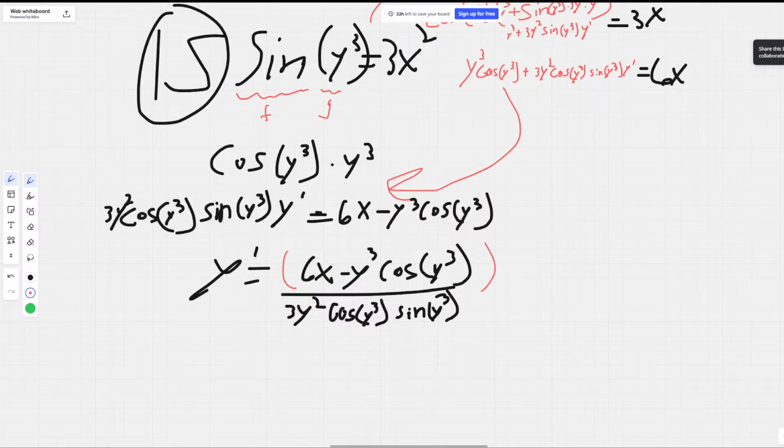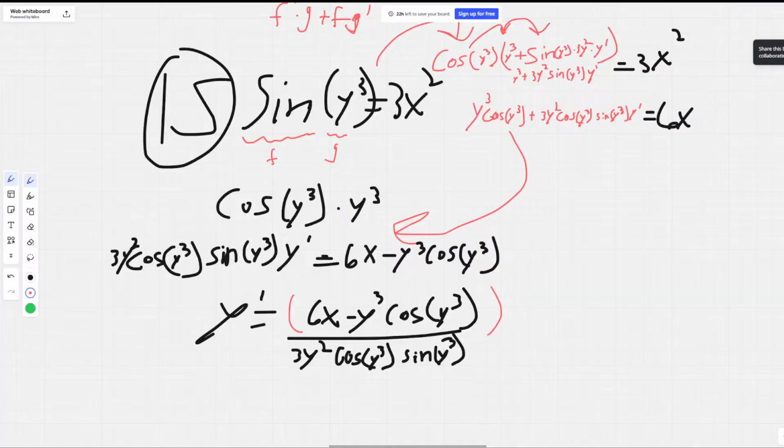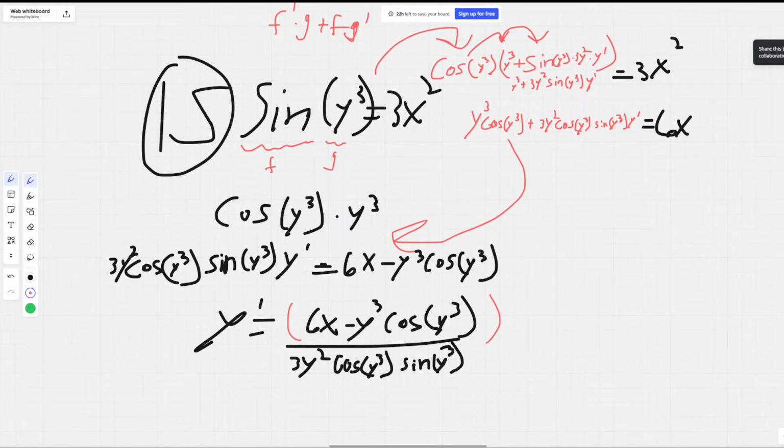This one. This is 15. Derivative of f, which is cosine y cubed times y cubed plus sine y cubed times 3y squared times y prime equals 6x.